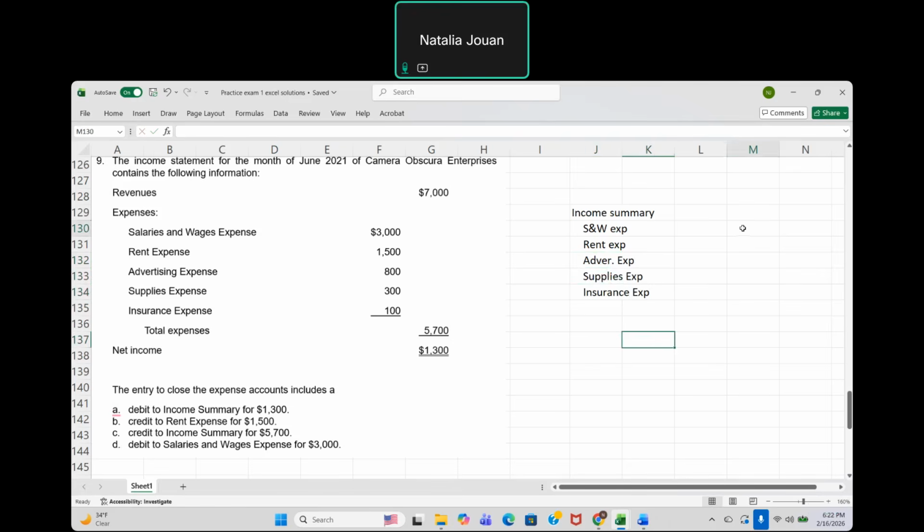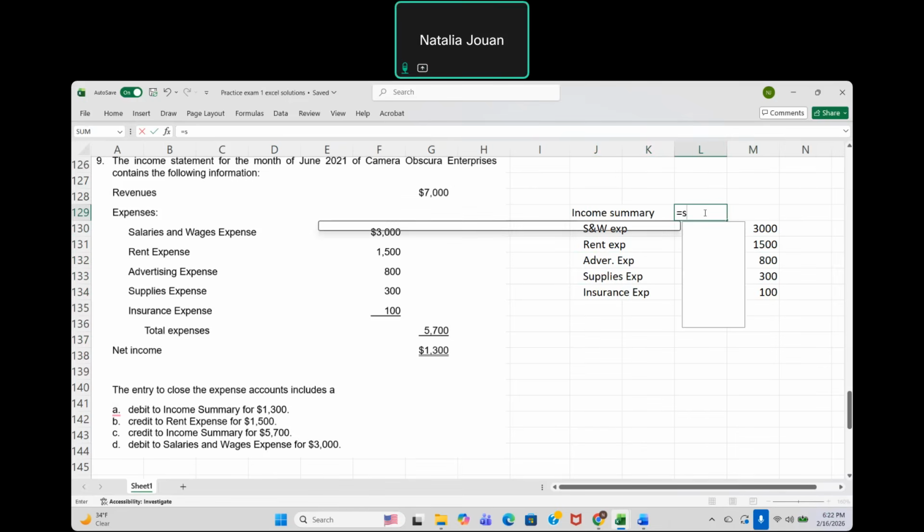We're going to write all the expenses that we're crediting: 3,000, 1,500, 800, 300, and 100. It's given to us, but let's just add it. I think it's 5,700 right here. Total expenses, 5,700. That's what you're going to debit to the income summary. So in this entry, we debit 5,700 to the income summary.